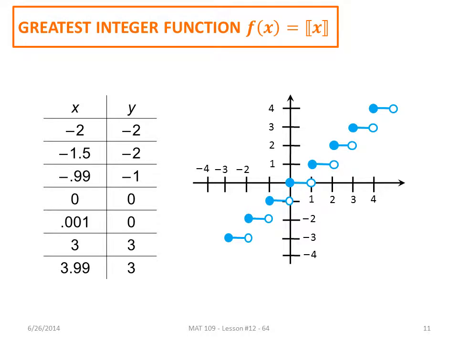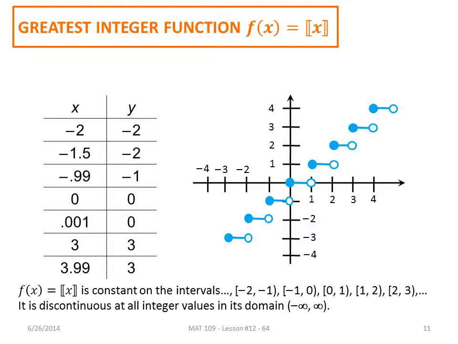This function is not continuous. It's constant on the intervals from -2 to -1, -1 to 0, and notice the closure on these intervals: bracket on the left end, parenthesis on the right end.